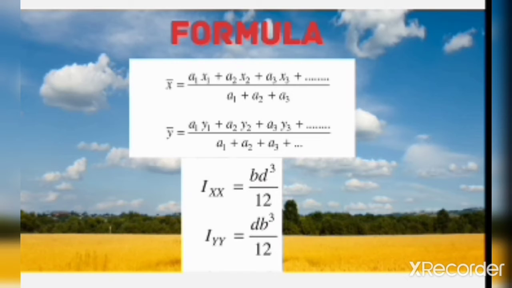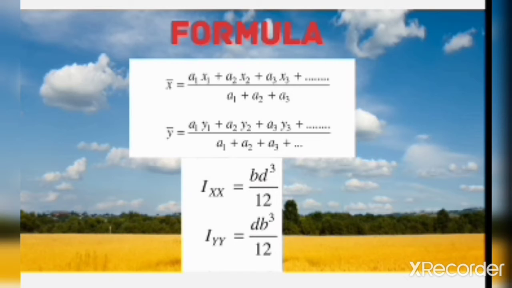So the total mass or weight of the ball is concentrated at a single point, denoted by center of gravity. That is the difference: centroid means the total area is assumed to be concentrated at a single point, and center of gravity means the total mass is assumed to be concentrated at a single point.